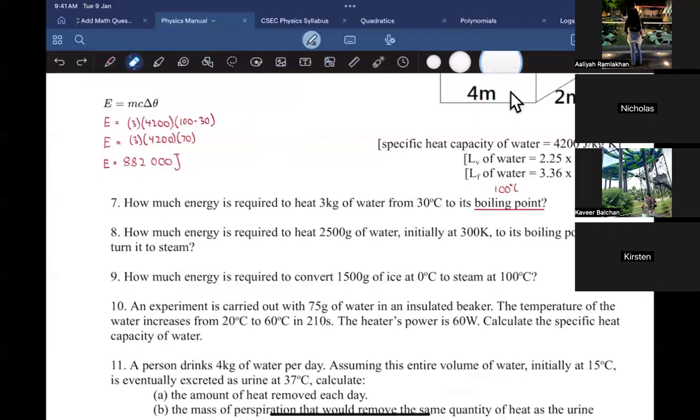Do you all know how to convert Celsius to Kelvin?